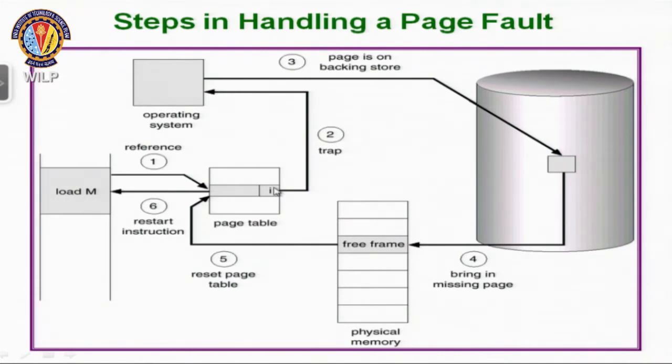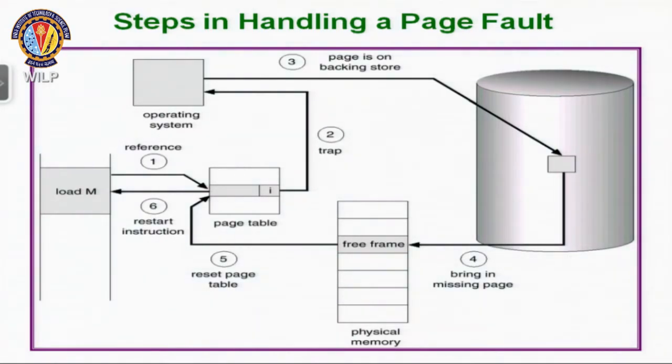If a page fault has occurred, the value of i would be 0. When the value of the bit is 0, it generates a trap to the operating system. Once the trap is generated, that essentially means that a page fault has occurred.